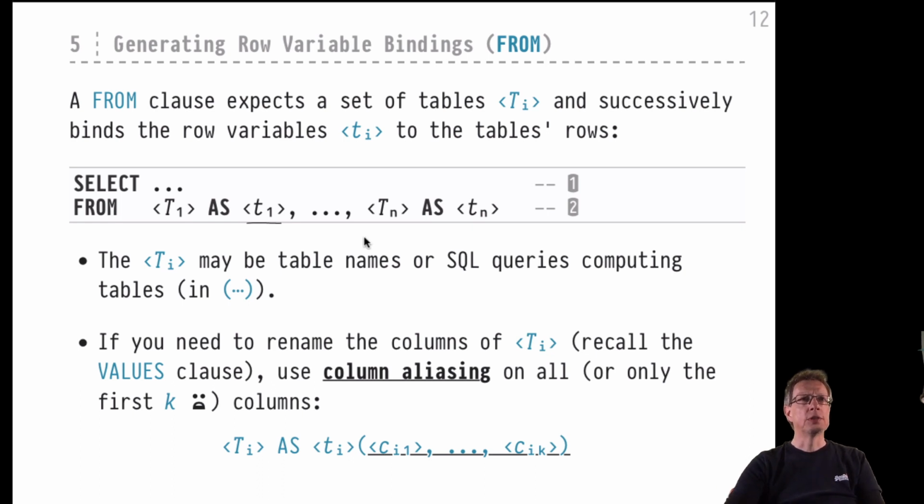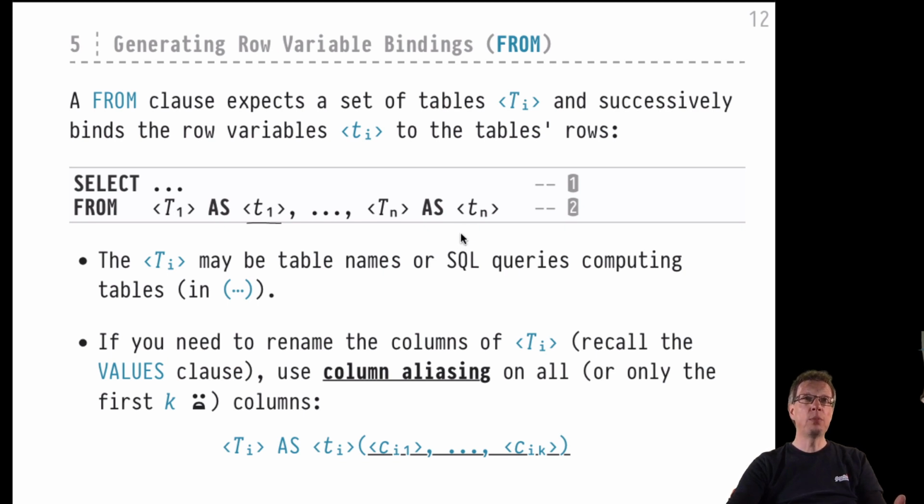Okay, so if we are indeed using a values clause in this particular spot, then that values clause is supplying very poor column names, very poor field names, column 1, column 2, column 3. So here at this point in the from clause, we have the ability to not only introduce row variable names, but also rename the fields to our liking.